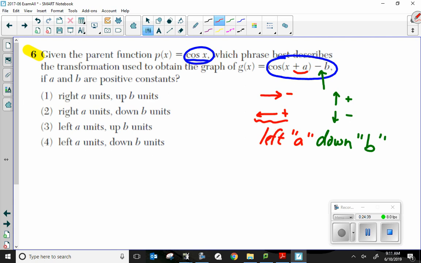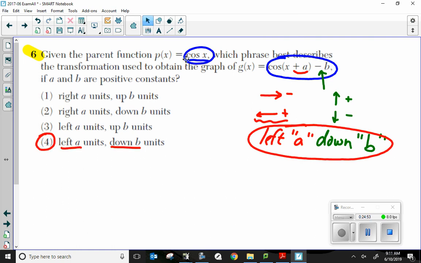If a was 2, we'd be moving left 2. So we are ultimately moving left a, down b. There's your answer. You just have to know the rules. You don't even have to apply mathematical calculations to them. Just know your rules. Nice, easy problem.